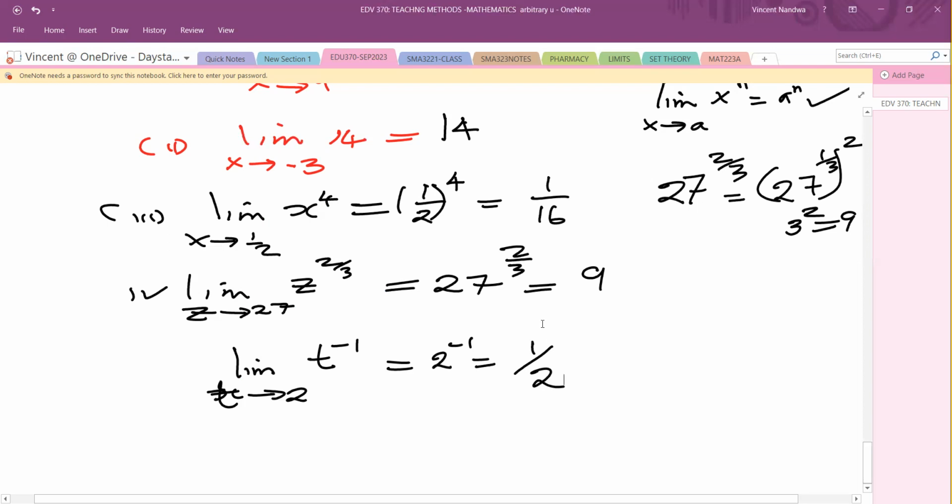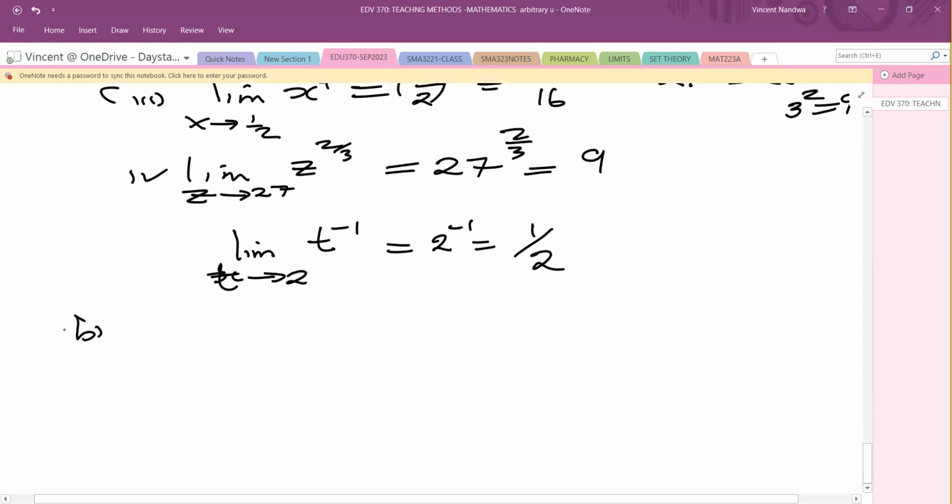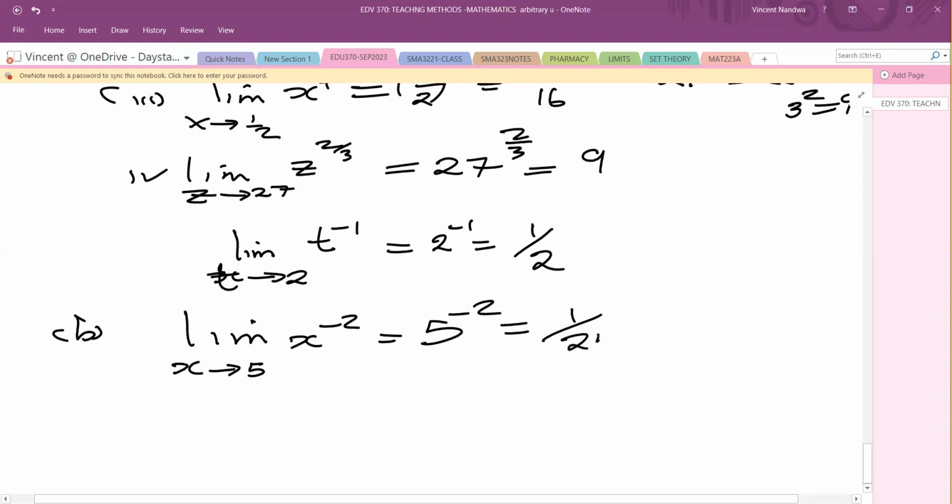Good. Then part B, the same thing. We are still applying these limit laws. So B, the first one is the limit as x approaches 5 of x power -2. So the answer will be 5 raised power -2, which is 1/25.